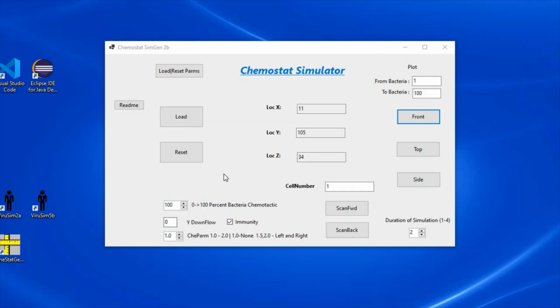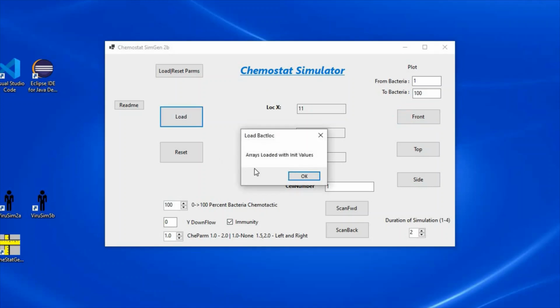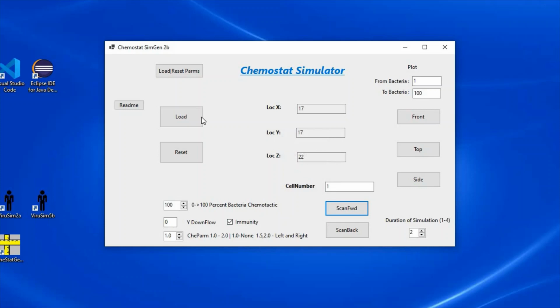Now let's look at some of the functions of the chemostat simulator. On the left is the load. You just press it to set all the bacteria equally throughout the chemostat. So you have to do it each time you're going to run the simulator. Then we have front, which is looking at it through the front, the XY.